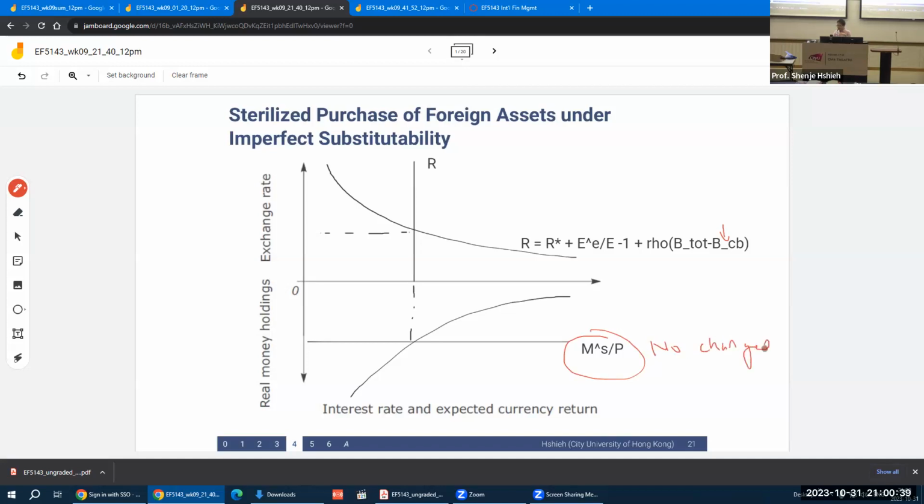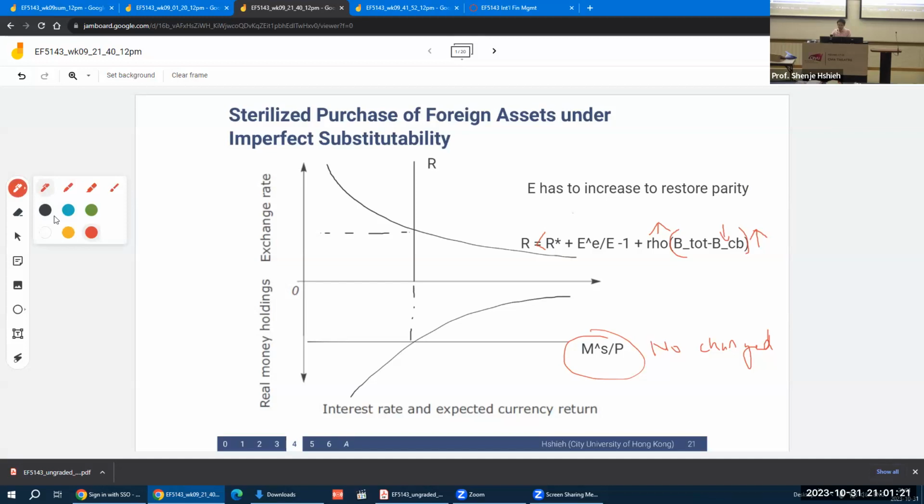Because it's sterilized. What has changed is B_CB goes down because they sold domestic debt. That means total private holdings of domestic debt increases. So this entire term goes up, which means rho goes up. And the only way to restore equilibrium or parity is if E increases. E has to increase to restore parity.